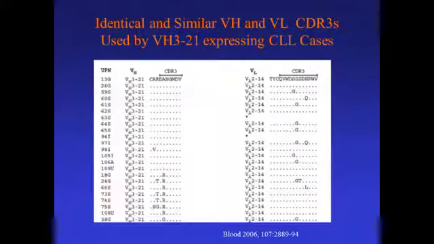And this slide just highlights the fact that not only do you see very similar heavy chain genes, but a lot of these cases have, again, almost identical light chain genes. So cases that express this particular heavy chain gene called V3-21 also typically express this light chain gene shown over here. And not only that, but you have, again, in the light chain, almost identical CDR3s.